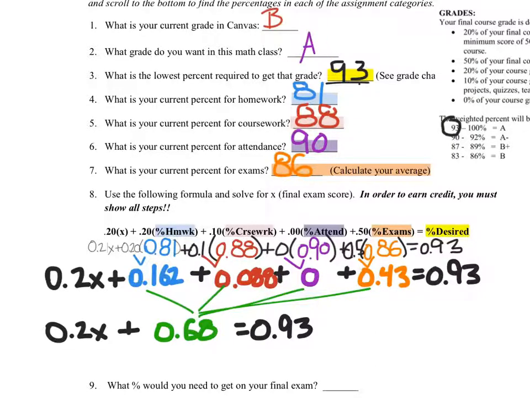Now, another purpose for this equation right here, right, is to figure out what score we need on the final in order to get the desired percent. Now, depending on the grade that we have right now, will determine if this is even possible at all. And yes, some of you notice that it's right now impossible because even if you got 100% on the test, it only adds 20% to this, which keeps us out of the range of an A. Now, something else I want to point out before I forget is the homework in this class is still open, right?